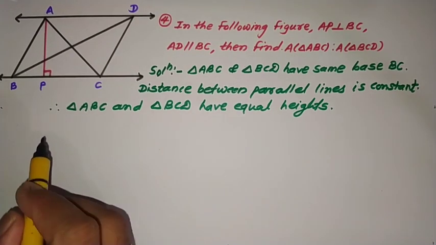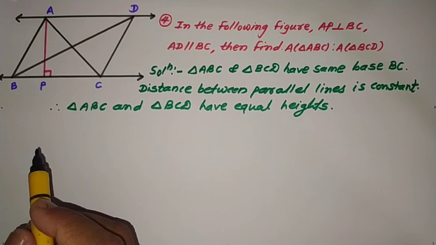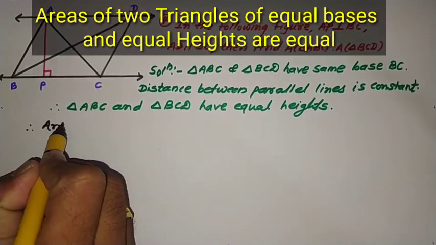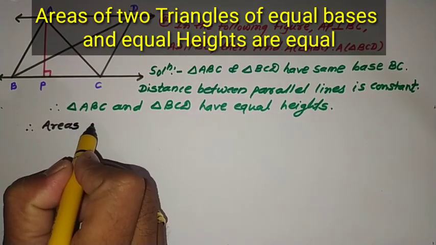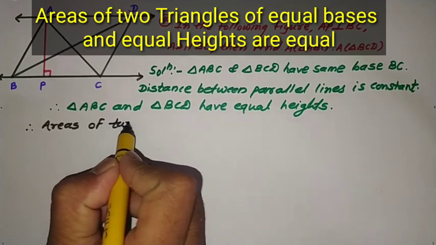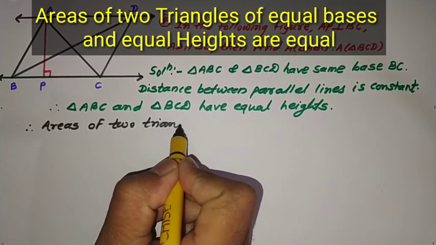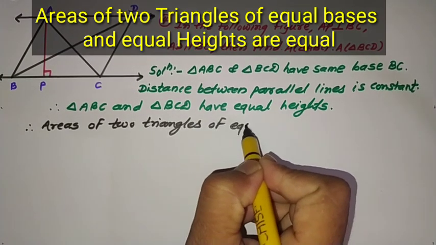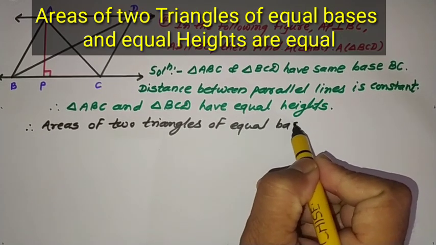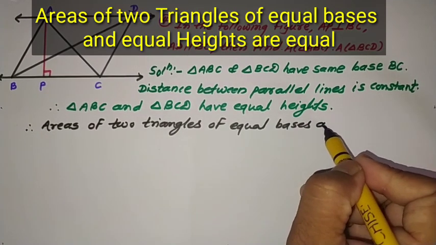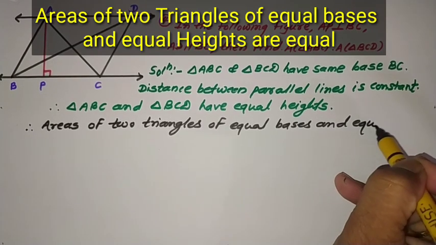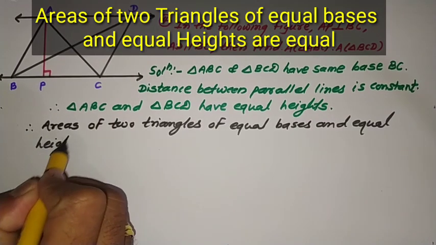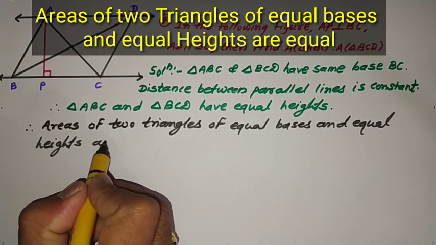We know that the areas of two triangles with equal bases and equal heights are equal.